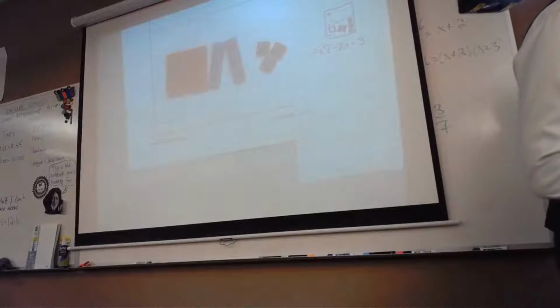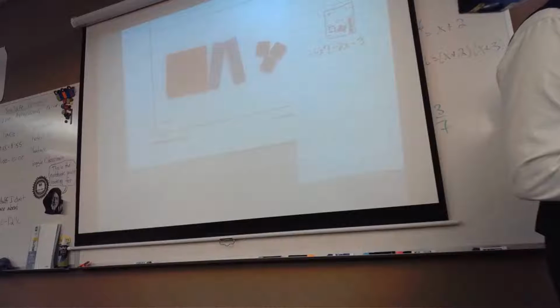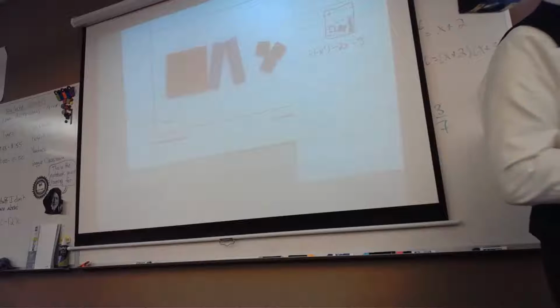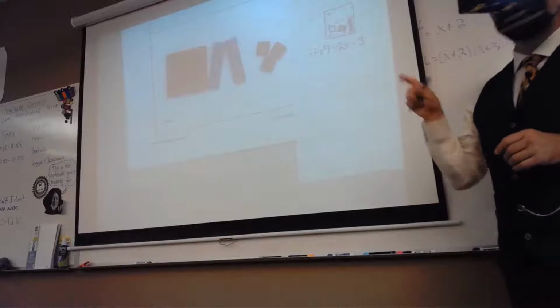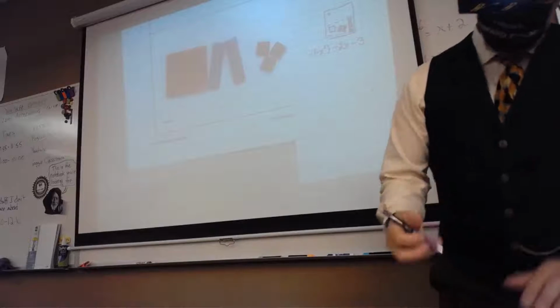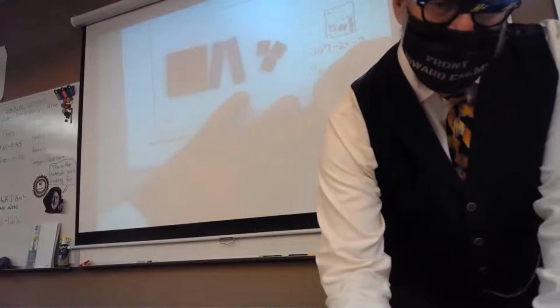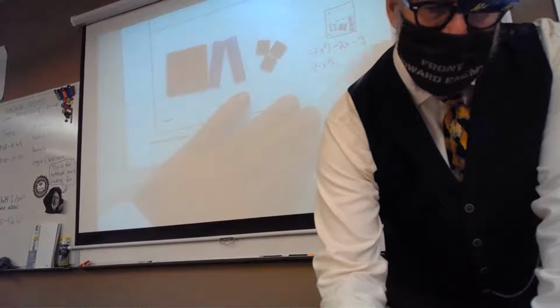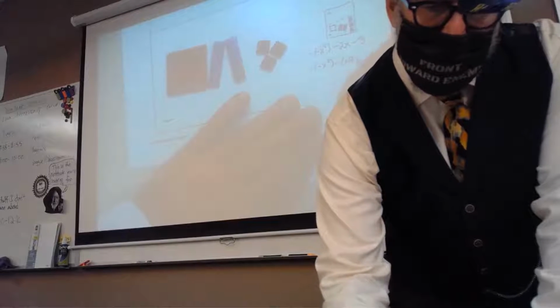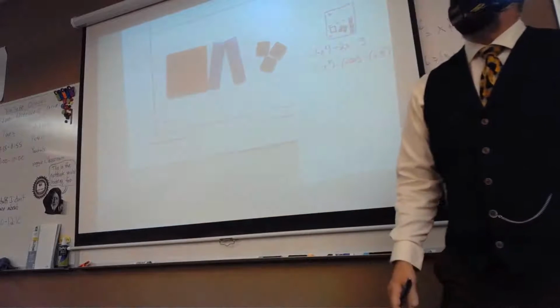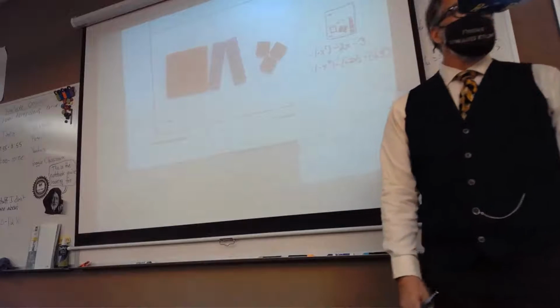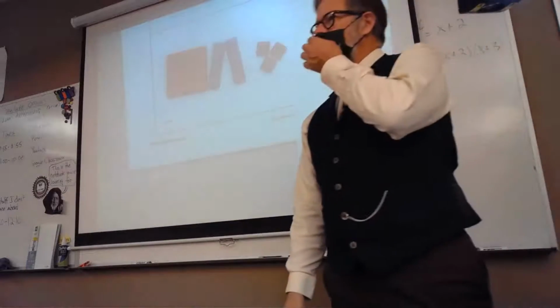So what I did was the exact same thing, but I added minus plus 2x minus plus 3. Minus negative x squared minus plus 2x minus plus 3. Are we okay with that? I'm okay with both of those.